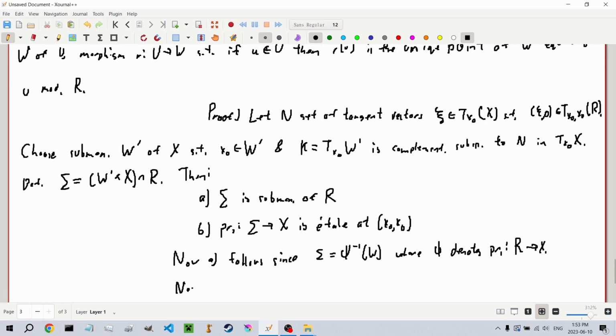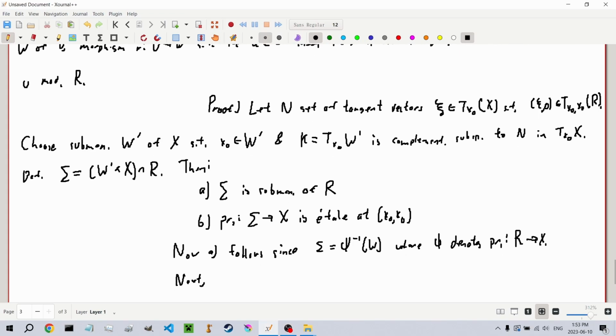Next, we got to see that the kernel of T of the second projection at x naught is just going to be the intersection of n and k, which is 0.